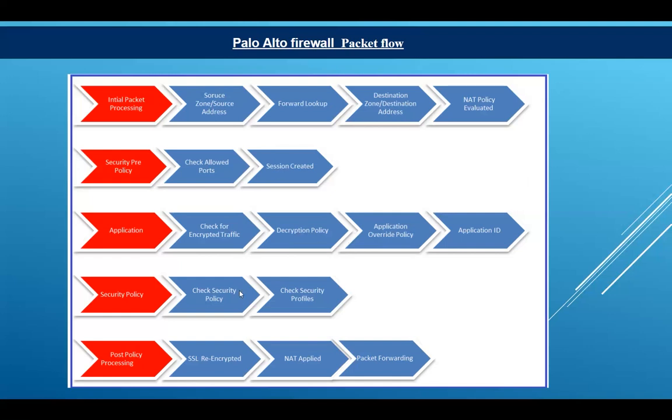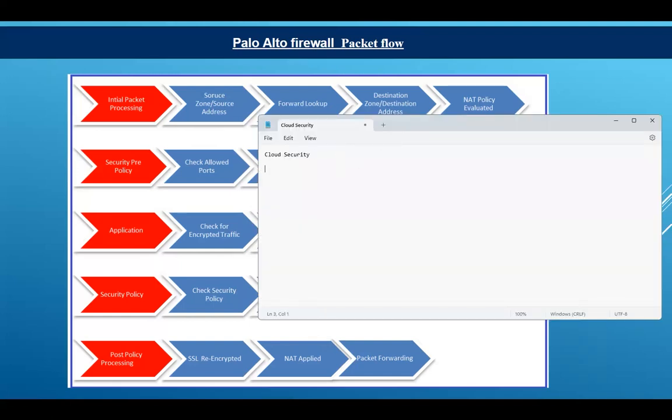Once you understand all these things, after that you will understand this packet flow easily. As you know, for all devices, packet flow is very important, because it is very important for troubleshooting. If you are going to troubleshoot anything, you should have an idea about the packet flow. So this packet flow, I'm going to put for later.